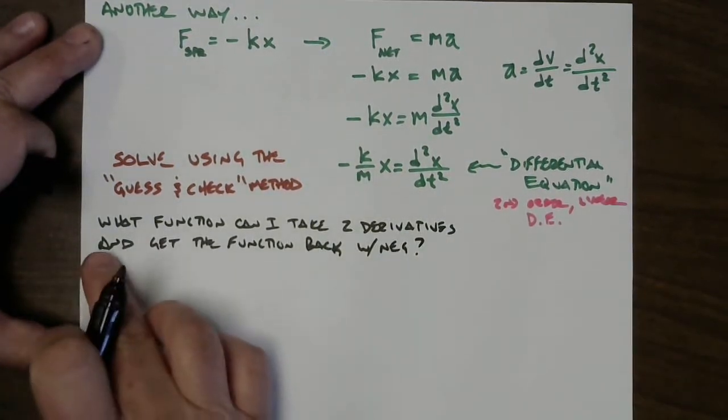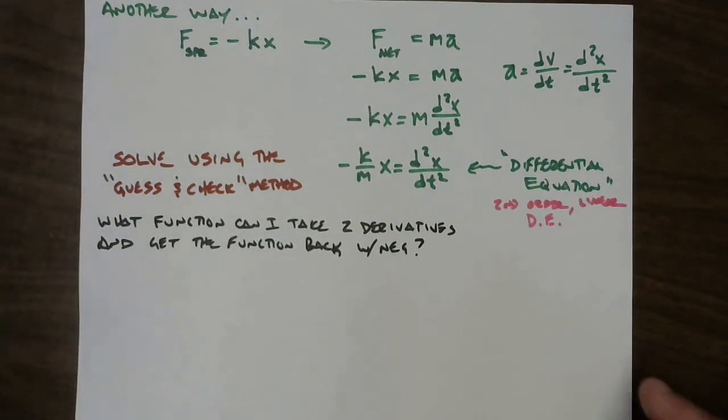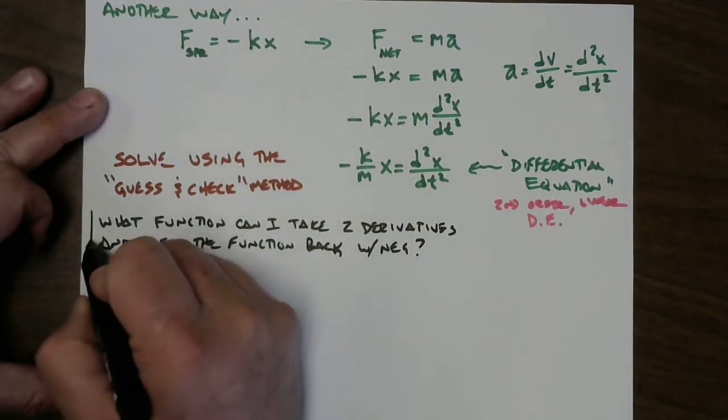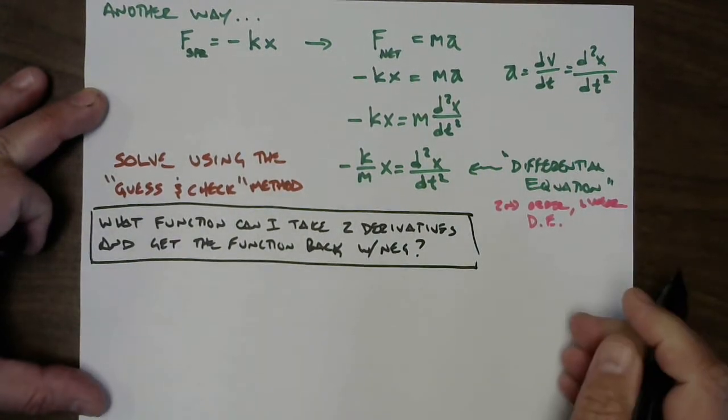That's not really good English. For what function can I take two derivatives and get the function back with a negative? That's probably a better way to say it. But this is the question that I'm asking. And if we can guess at it, we can have the solution.